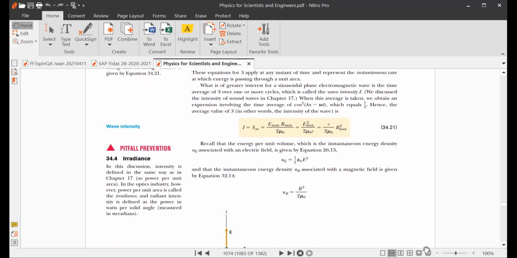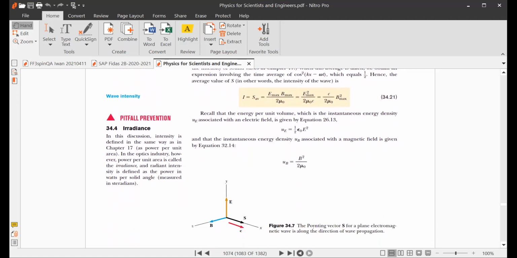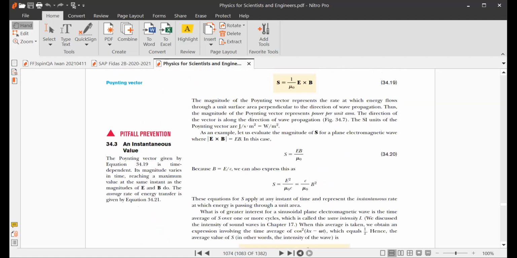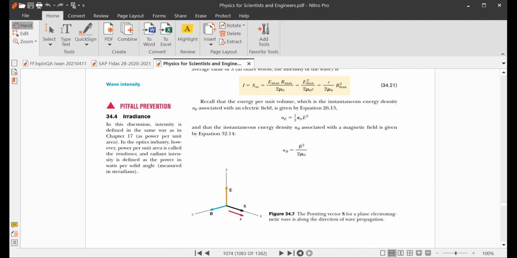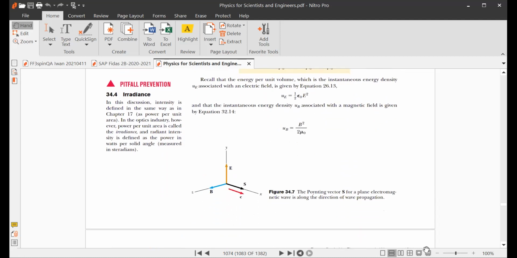So this is the intensity of the waves. You see that because S is E cross B, while E and B are orthogonal to each other, the direction of S is parallel to the direction of propagation of the waves, as in figure 34.7.